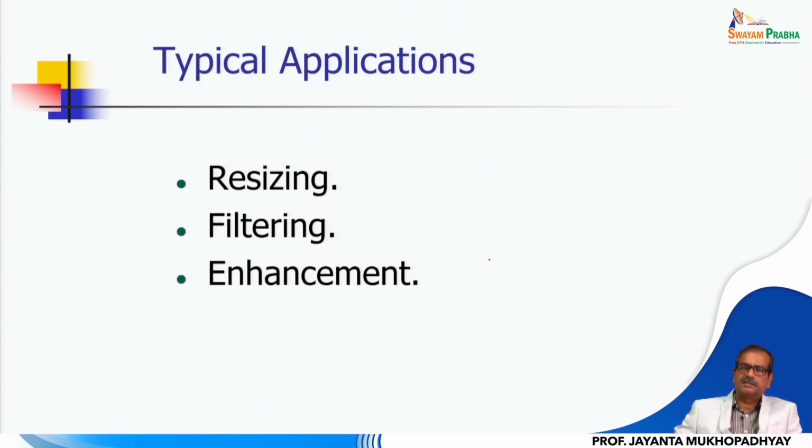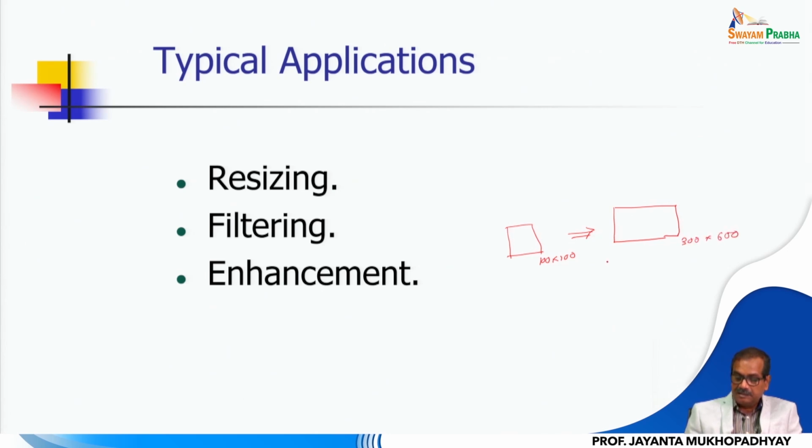Typical applications that we are going to discuss in the compressed domain. One is resizing, which means that you have an image of a certain size, suppose say 100 cross 100, and then you resize it into say 300 cross 600.